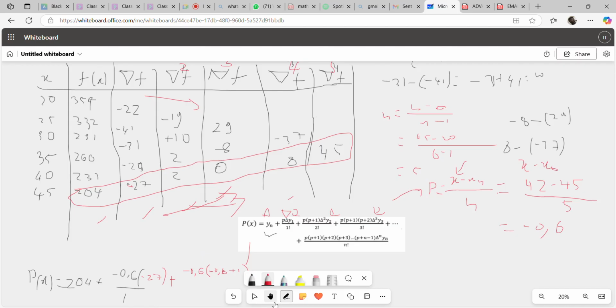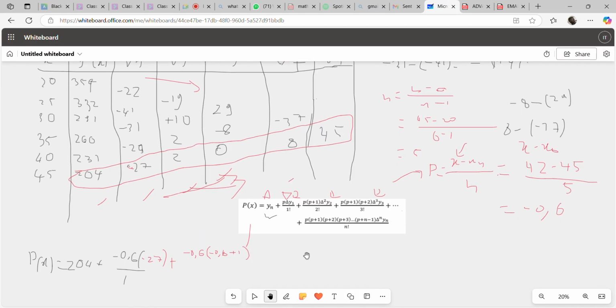So delta square here is the value of this square here, which is 2. Everything multiplied by 2 factorial. When you write like this, you can simply write the one that they wanted you to calculate, which was P of 42, and you get it right.